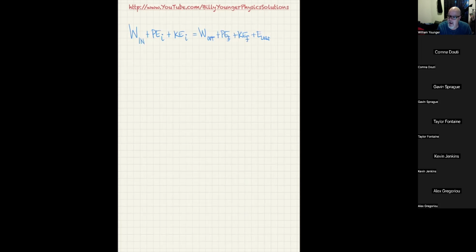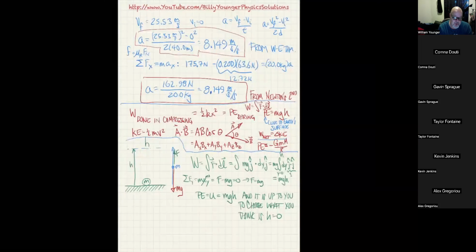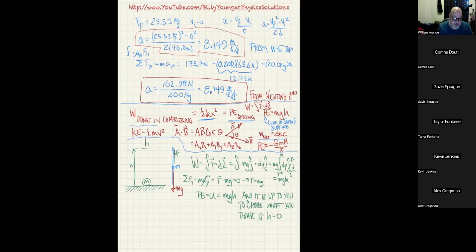The reason is because these terms are not necessarily single terms. For instance, that potential energy. Remember earlier I showed you that people sometimes think of this 1/2 kx squared as if it's a potential energy in a spring, but other times people think of it as the work done in compressing a spring.